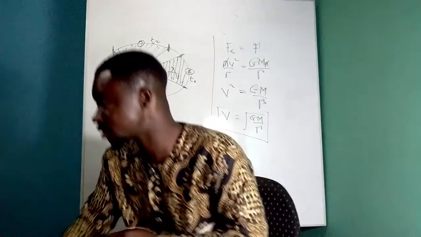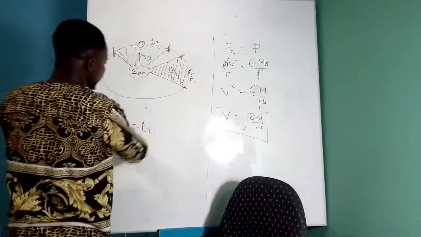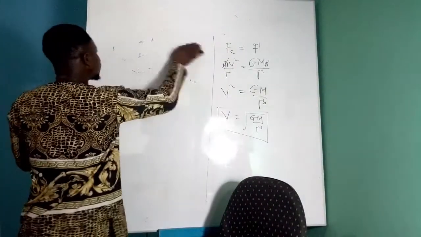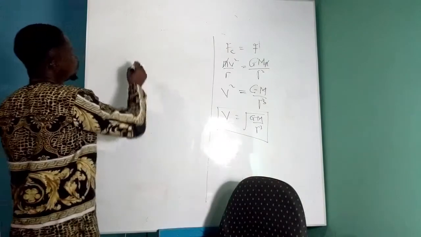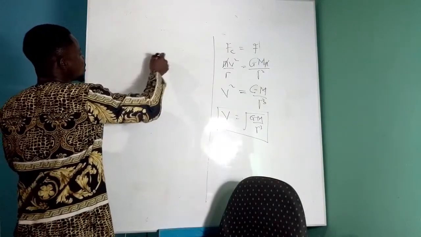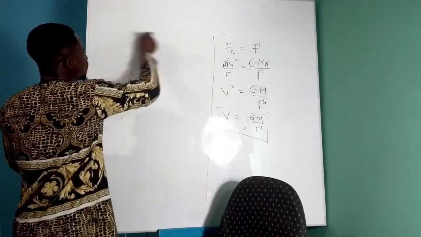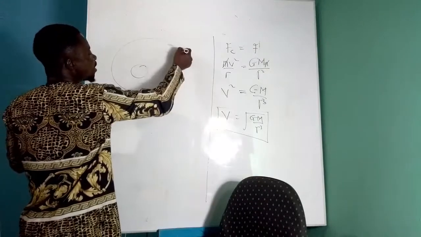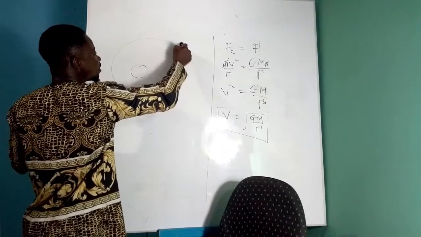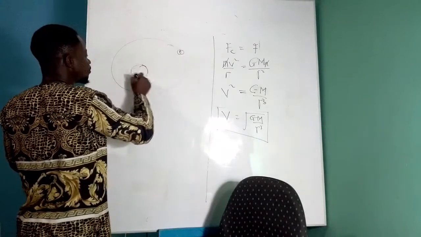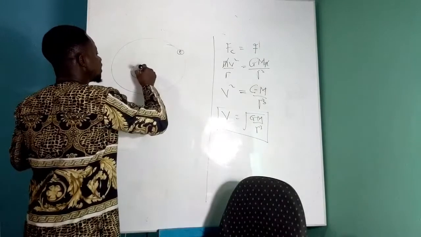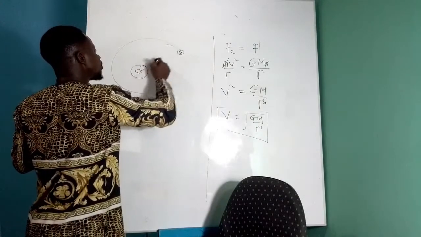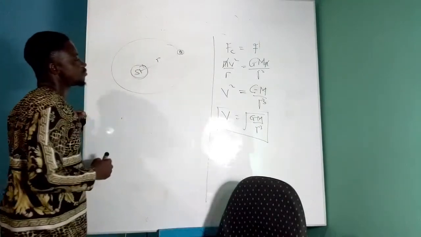Let me illustrate this. Good. So let this be the sun, and this be the orbit of a planet. Let the planet be Earth. So this is the Earth, and this is the sun. Let the distance from the sun to the Earth be r.